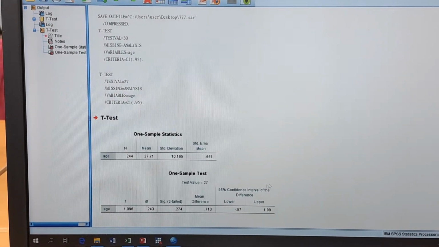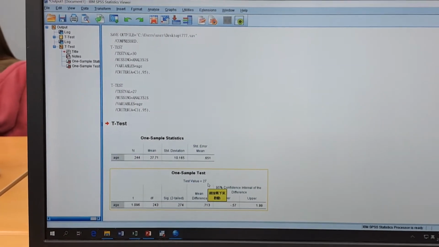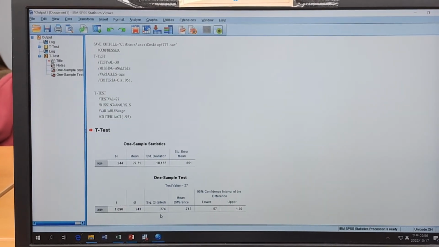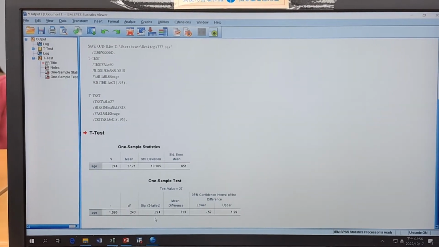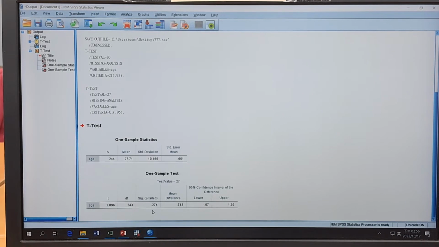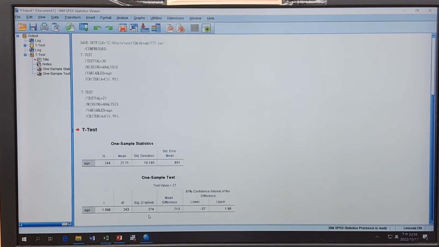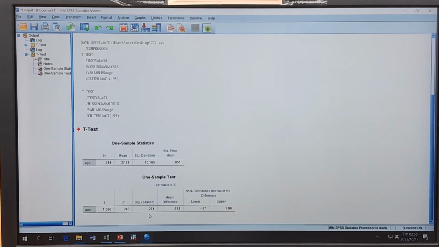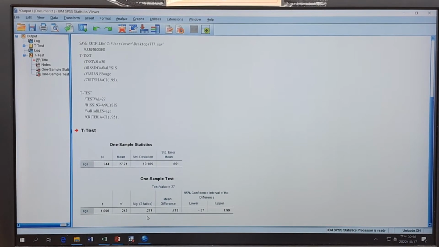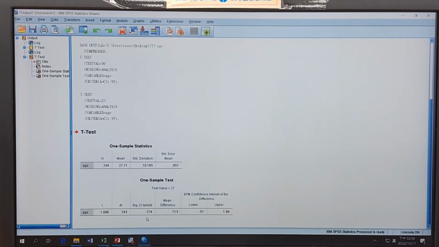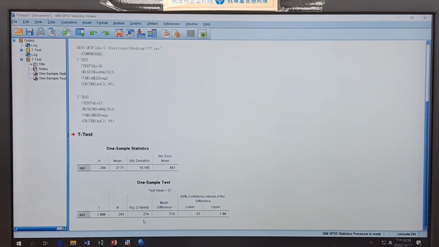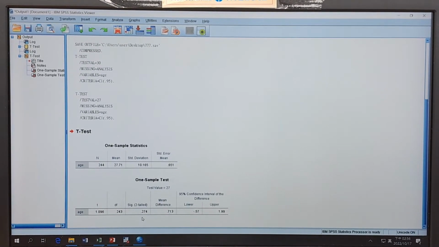So the specific number is 27. Please tell me, is this test significant or not? Please say that louder. Hold on a second, check this one. Significant or not?